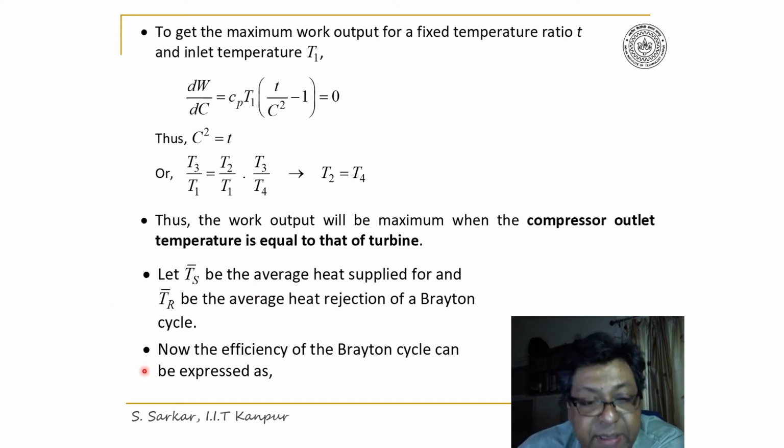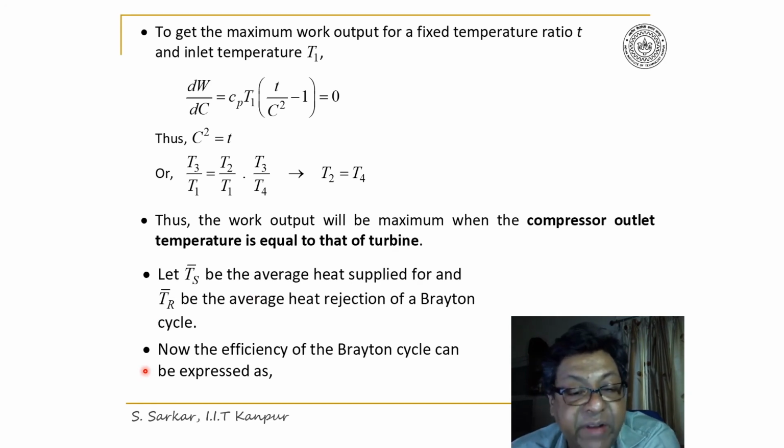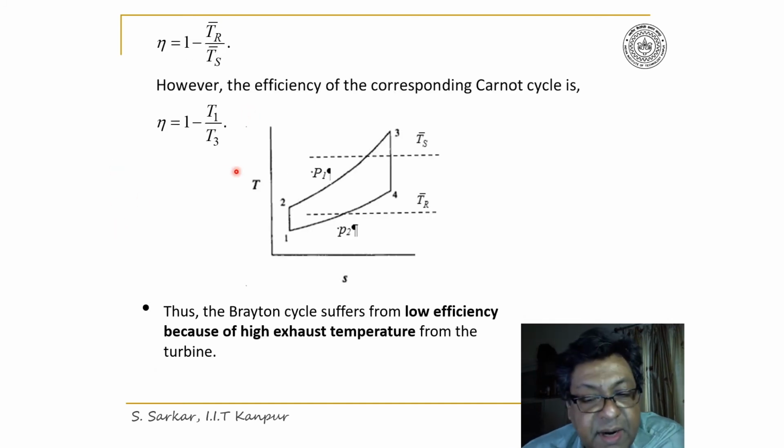Thus, the cycle efficiency can be expressed in terms of T bar S and T bar R. I'll explain what I have expressed earlier. I have illustrated that with respect to the figure, that's the TS diagram. Now, during the heating of gas in the process 2, 3, in the Brayton cycle, temperature increases.